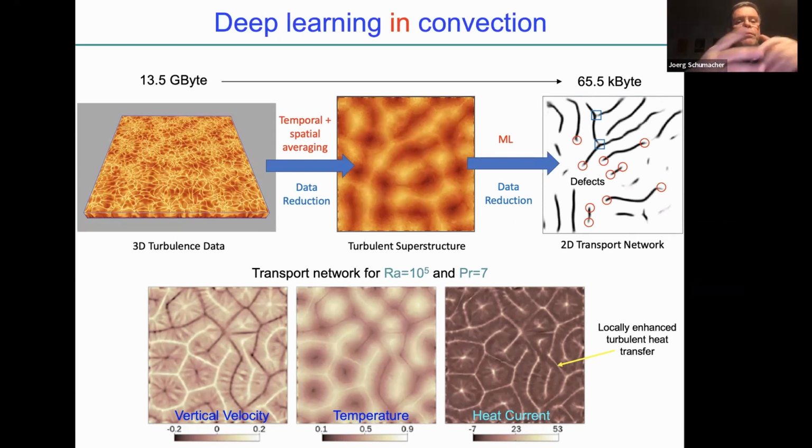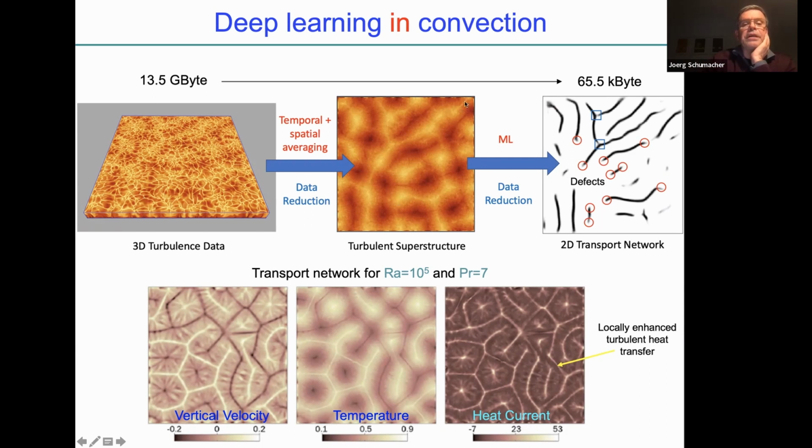So one way, for instance, is to do a temporal averaging in combination with spatial averaging. Then you reduce the information that is contained in such a sequence of snapshots to something like such a figure that is a time averaged temperature field.